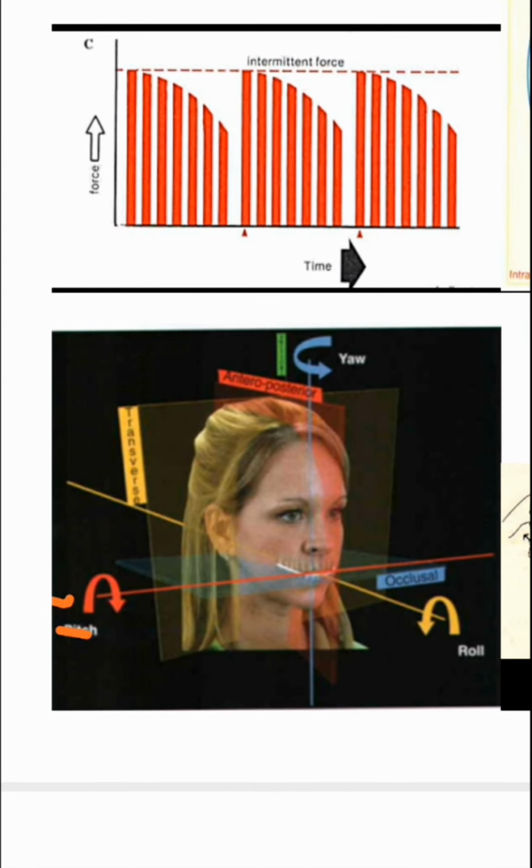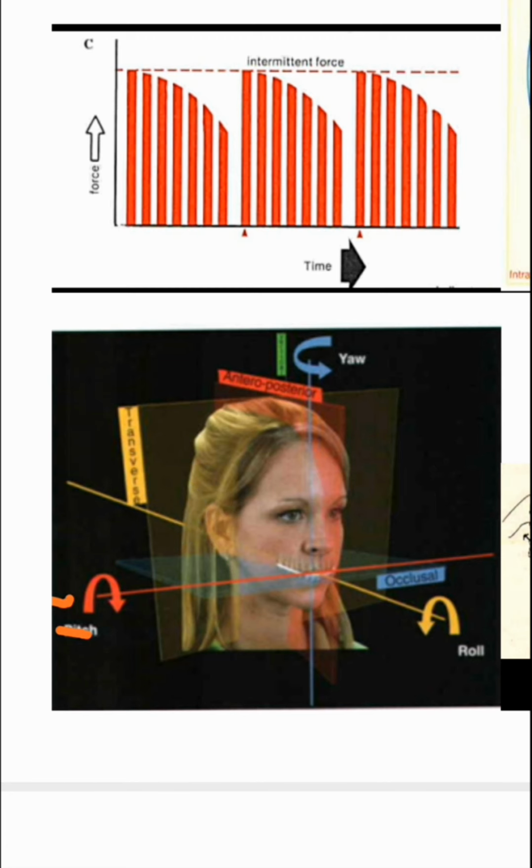Pitch, roll and yaw classification is an extension to Ackermann-Proffit classification of malocclusion. It describes the complete rotation of the structures in 3D space. Pitch is up-down deviation around the transverse axis. It describes the upward and downward tilt of the palate or mandibular plane.